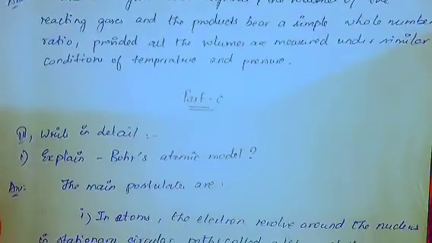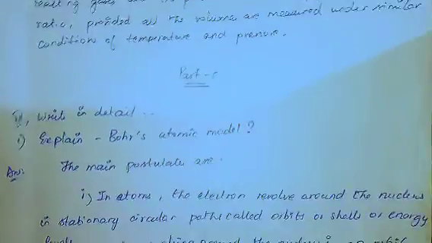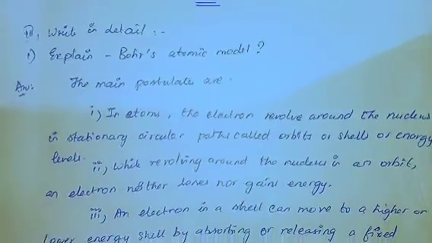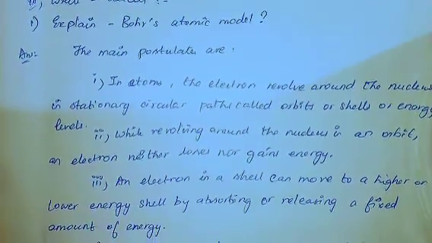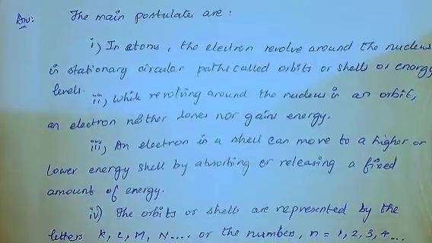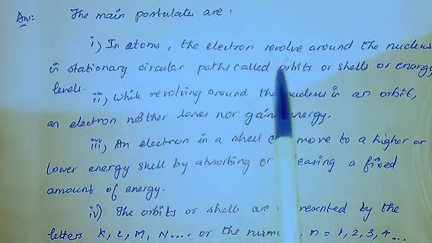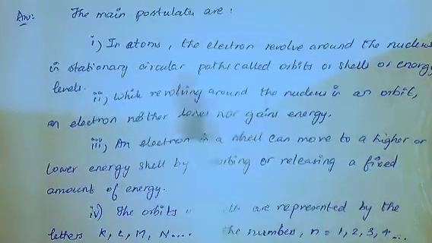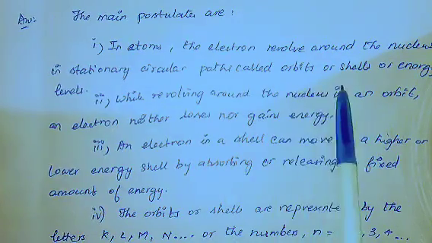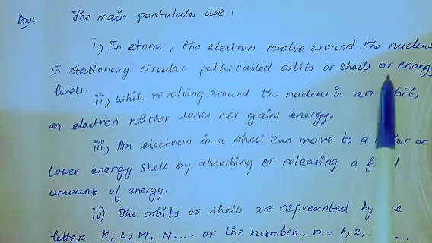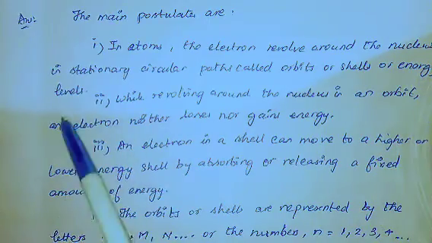Then part C, write in detail. First one, explain Bohr's atomic model. The answer is, the main postulates are: in atoms, the electrons revolve around the nucleus in stationary circular paths called orbits or shells or energy levels.